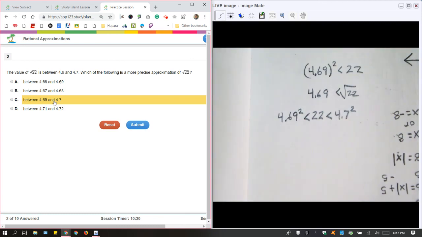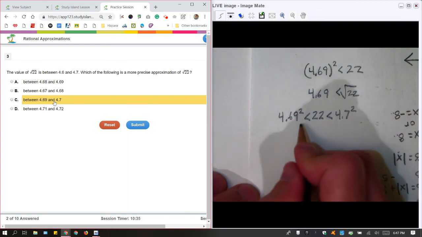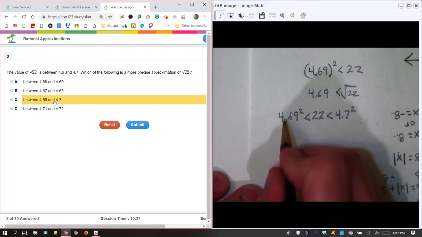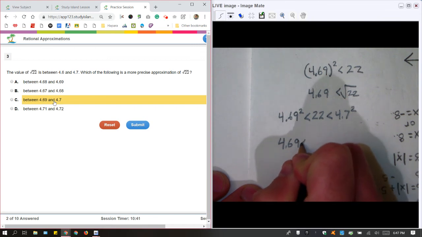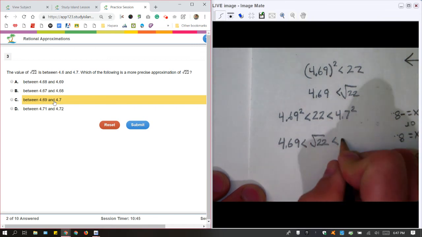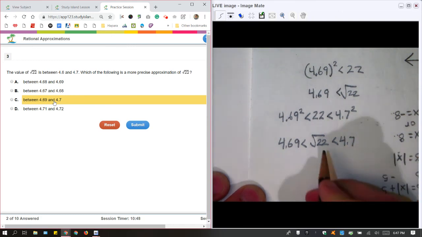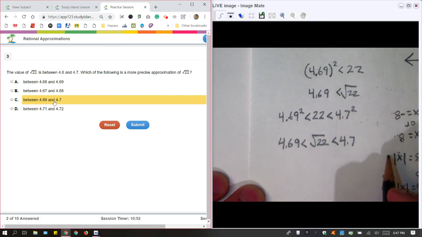What that tells us is if we take the square root of all of these, the square root of 4.69 squared is just 4.69, is less than the square root of 22, which is less than the square root of 4.7 squared, which is 4.7. So I know that the square root of 22 is between 4.69 and 4.7.